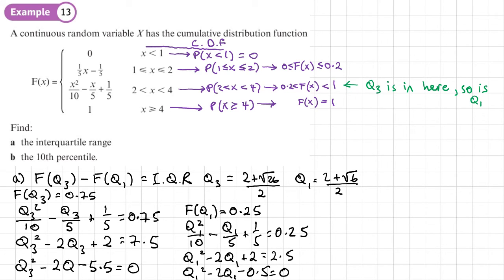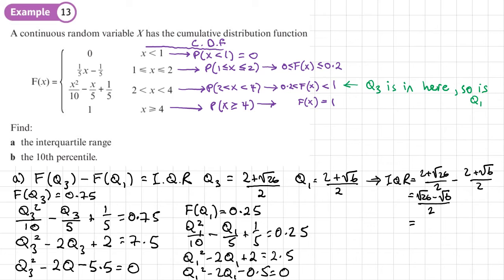So my interquartile range is equal to 2 plus root 26 over 2, and then I'll just minus the 2 plus root 6 over 2. So the exact value I get is root 26 minus root 6 over 2.